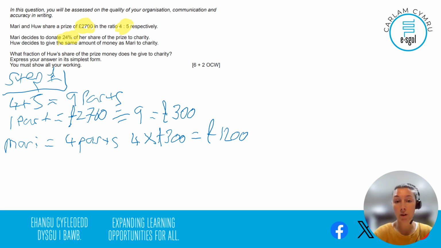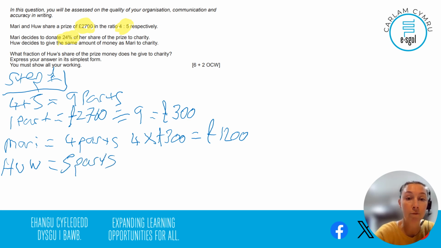Now you can probably work this out without even writing out that 5 parts must be what's left of the 2,700. So you'd be correct to think that. However, because these are for OCW marks as well, you have to write it down. So you have to write that Hugh got 5 parts, and it's 5 times 300 equals £1,500.